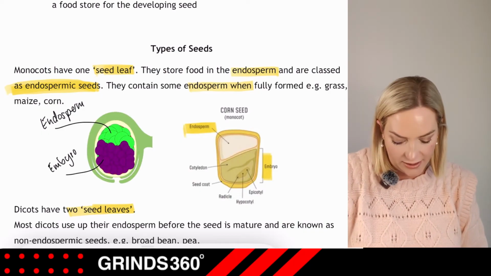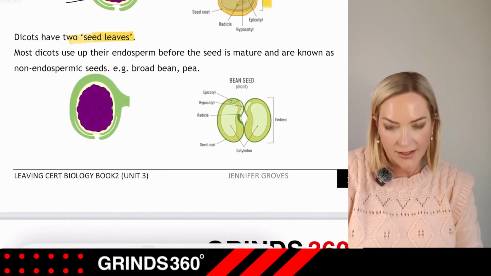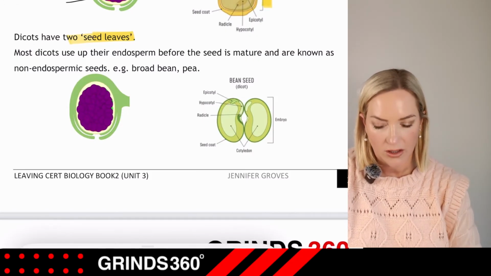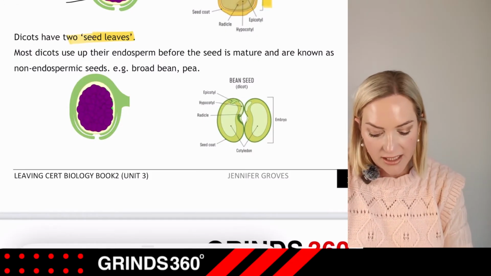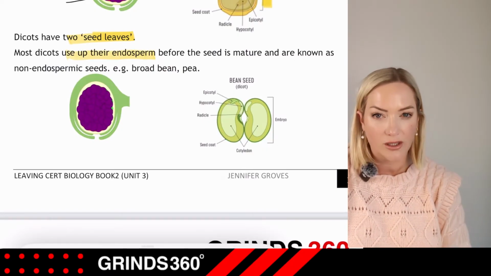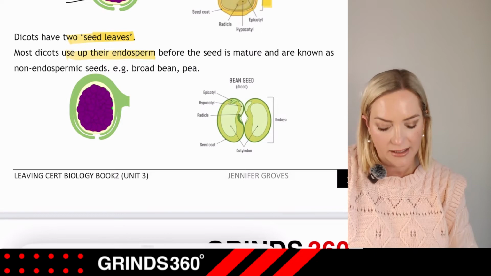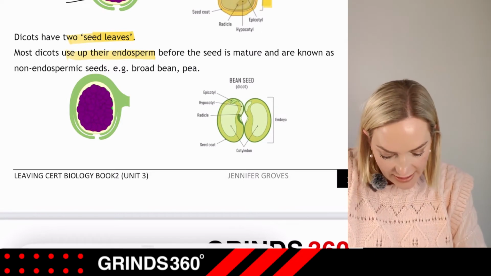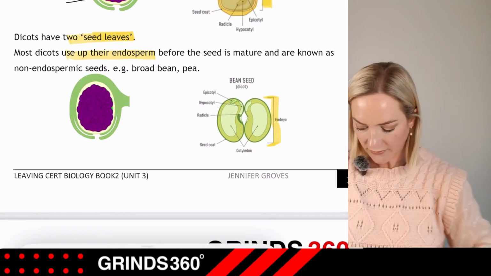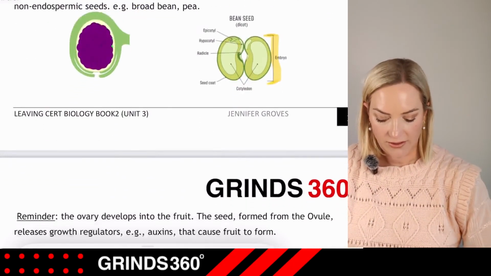In a dicot, you can see it's all purple. That means the endosperm is all gone. Most dicots use up their endosperm before the seeds mature, so they're known as non-endospermic seeds. Okay, so all of this here is your embryo.